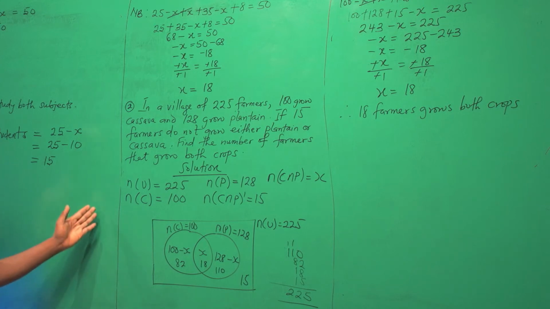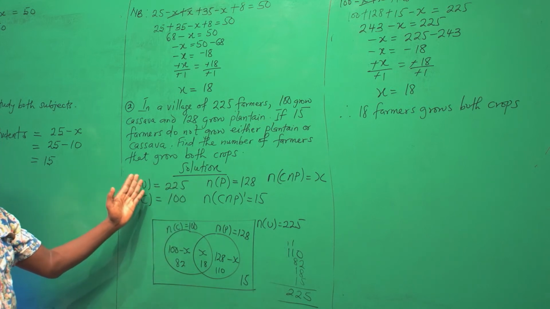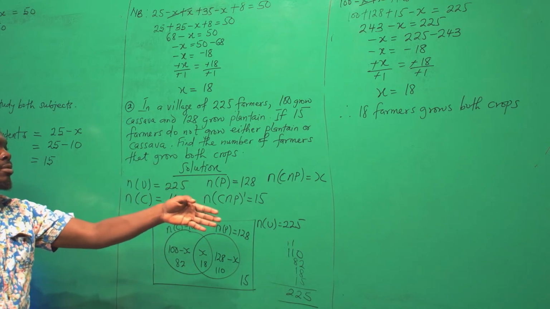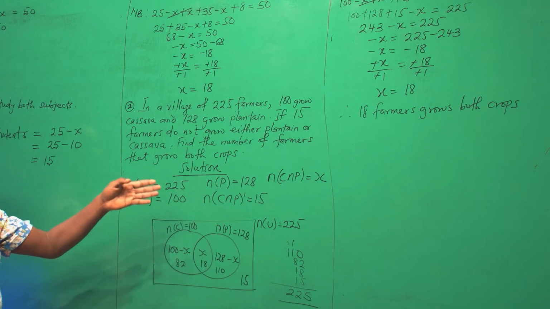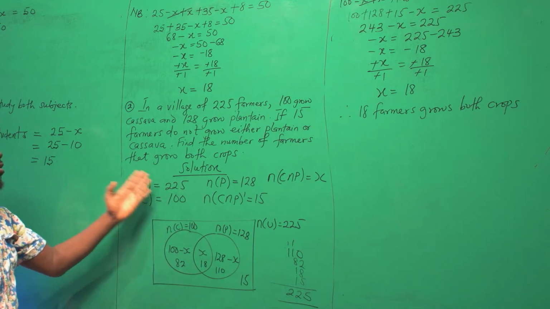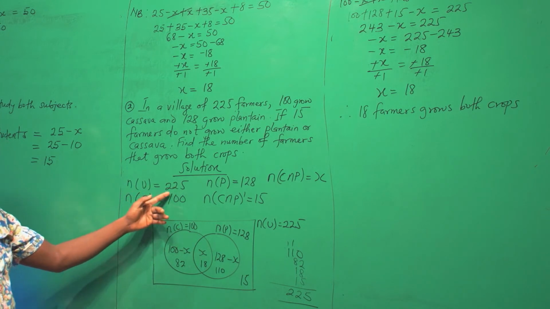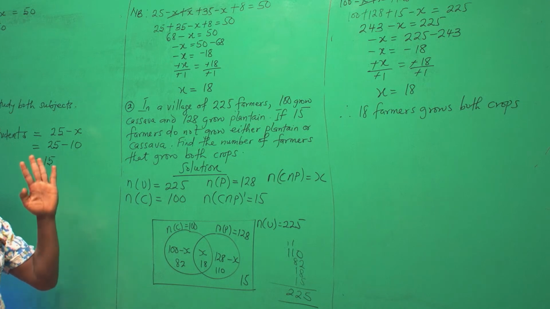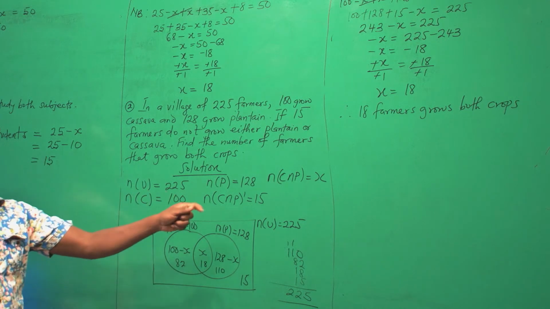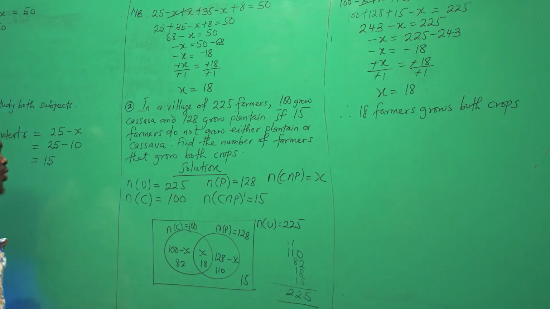Remember, you need to write, tell the examiner, let U represent the total number of people, or total number of farmers, total number of animals, anything. Then you can write it in the notation form. Therefore, N of U is 225. Because of time, that's what I told you, that I'm skipping the let U represent, then I put them into the notation form straight away.